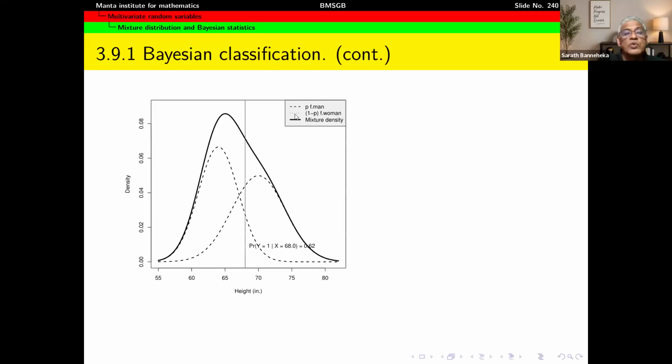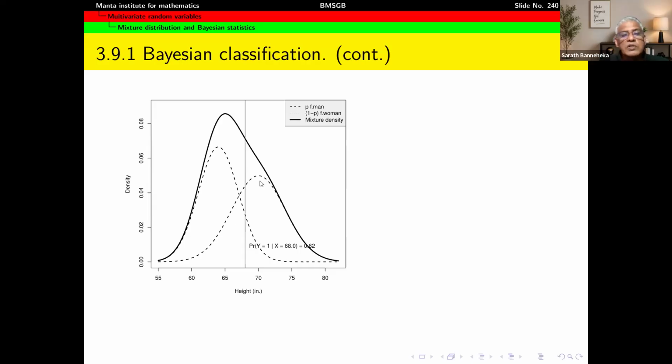By looking at these two distributions, because we know that the men's average height is 70, this should be the distribution of men's times P. We are taking P to be 0.5 in this case. And this is the distribution of the height of women times 1 minus P. Again, 1 minus P is also 0.5 here.